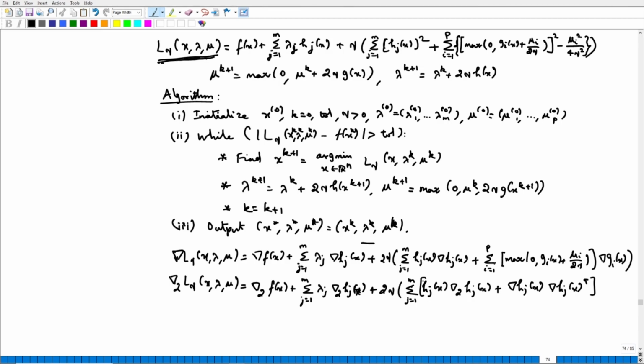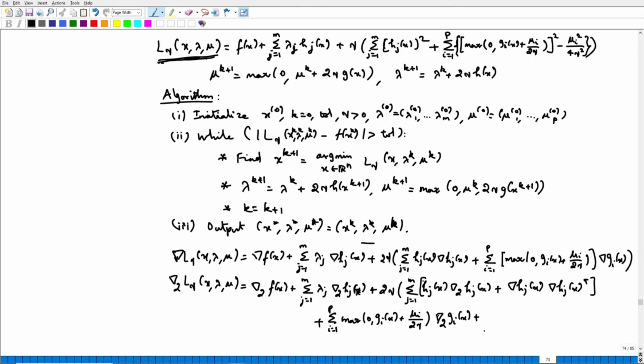Now we will have to differentiate this. This bracket is still open, please note that. Here the first term is simple: you just write the summation over i equal to 1 to p of max of 0 and g i of x plus mu i by 2 gamma, into the Hessian of g i of x.